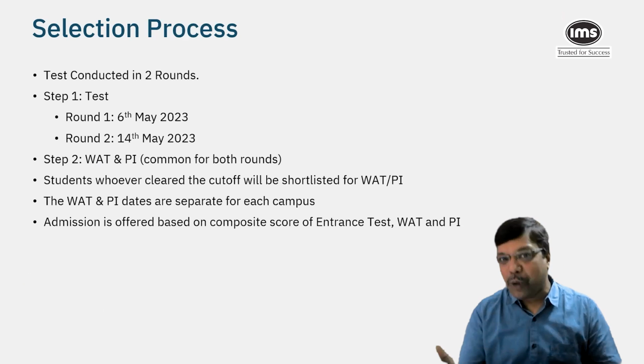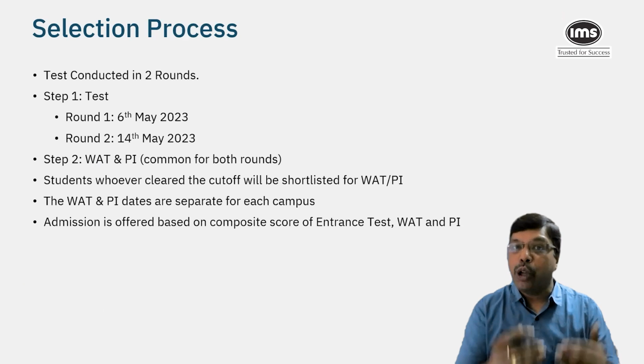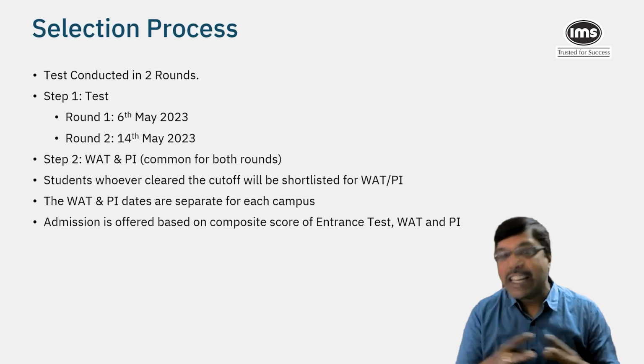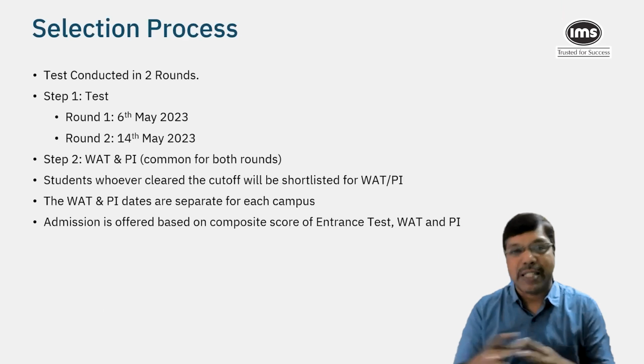Now, the VAT-PI process is common for students who appear for both the rounds or either of the rounds of the admission test. However, please do understand that the VAT and PI are separate for each campus.